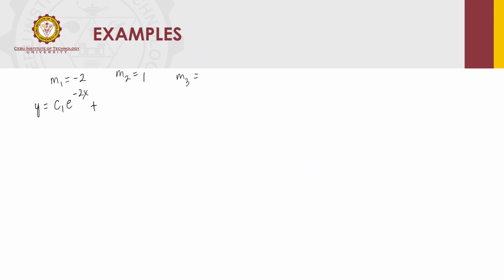The third is 3/2, and the fourth is negative 1/2. So the second term for the solution is C2 e to the x, plus C3 e to the 3/2 x. And the fourth one is C sub 4 e to the negative 1/2 x. So this is the general solution to the given DE.